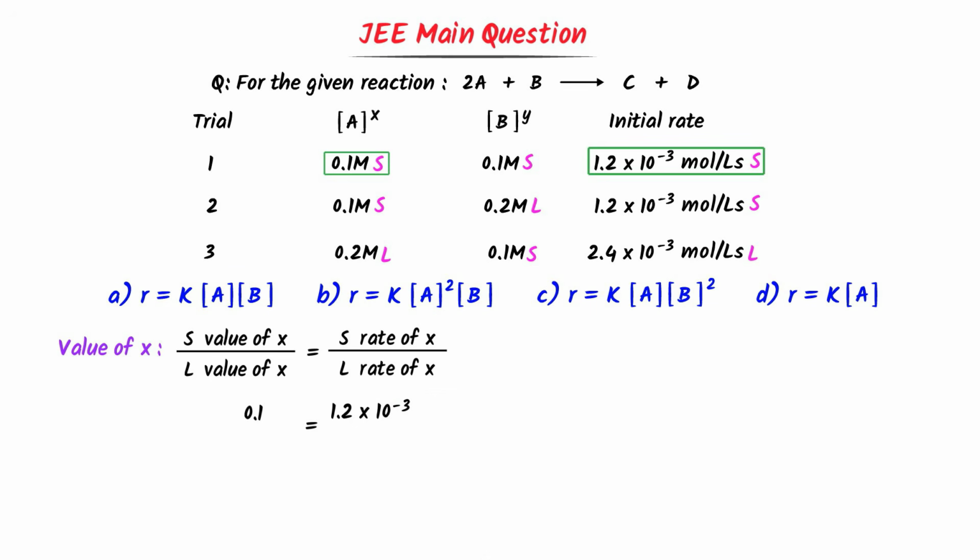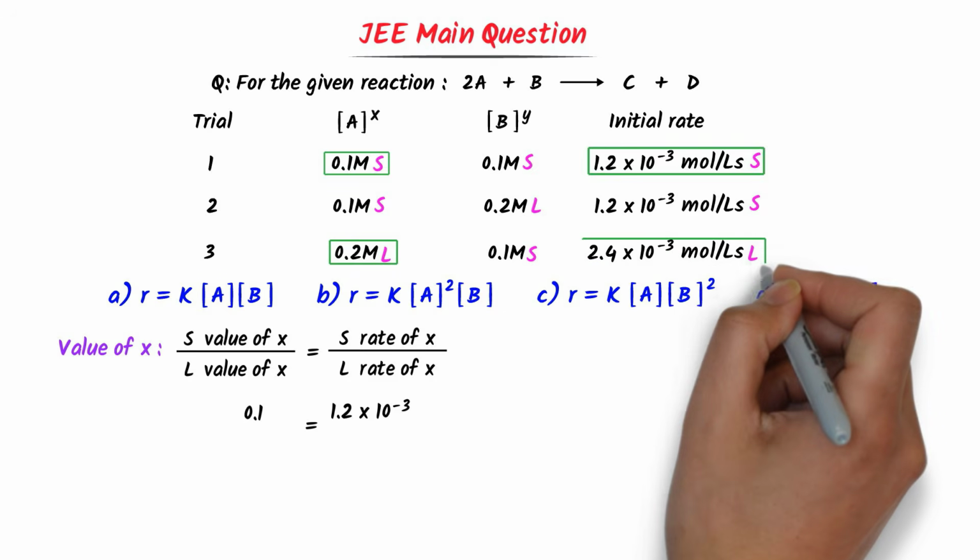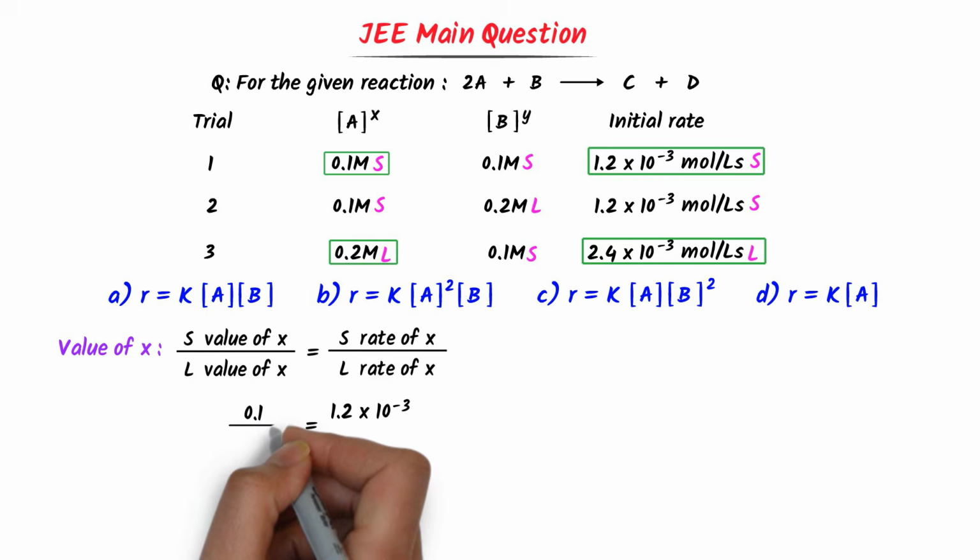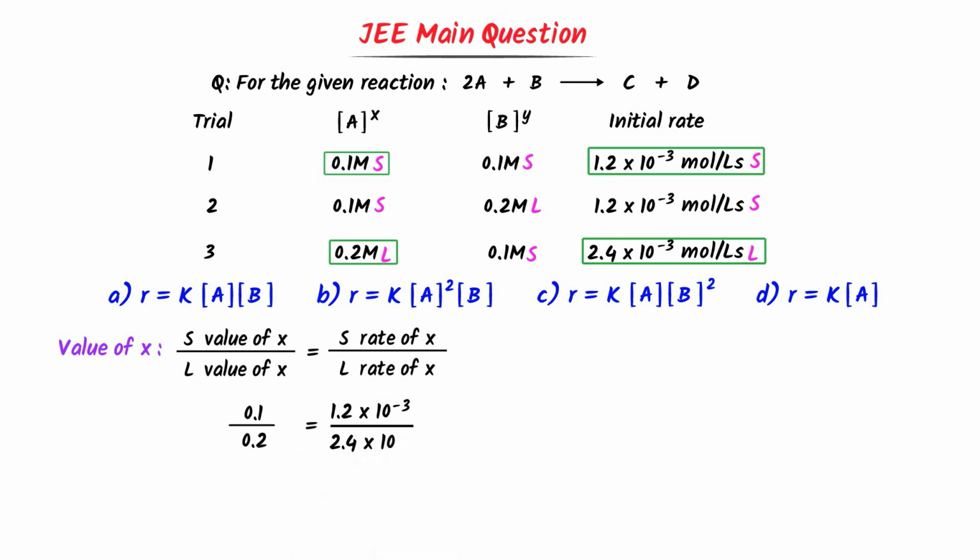While the larger value of x is 0.2 and its larger rate is 2.4. I write 0.2 equals 2.4. At the left hand side, I put x as a whole power. After calculation, I get x is equal to 1. Thus the value of x is 1.